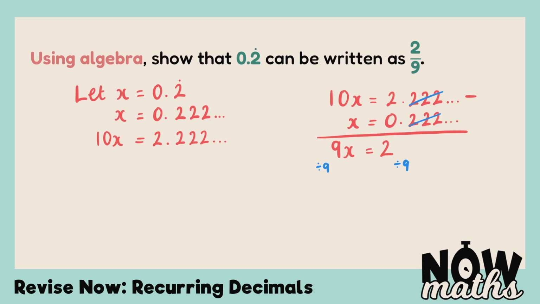So on the left we have x, and on the right, 2 divided by 9 we can write as 2 over 9. Since we started off by saying that x equals 0.2 recurring and we've now ended up with x equals 2/9, that proves that 0.2 recurring must equal 2/9. So we have shown what the question asked us to show.